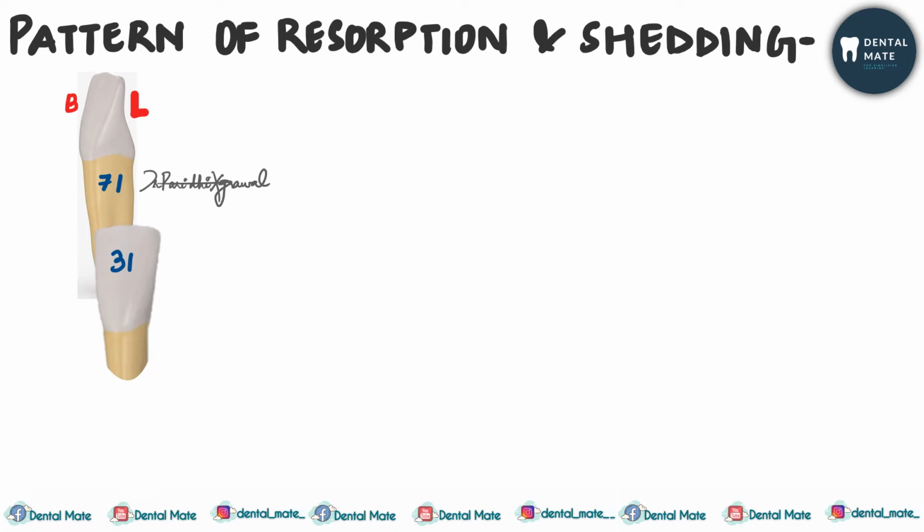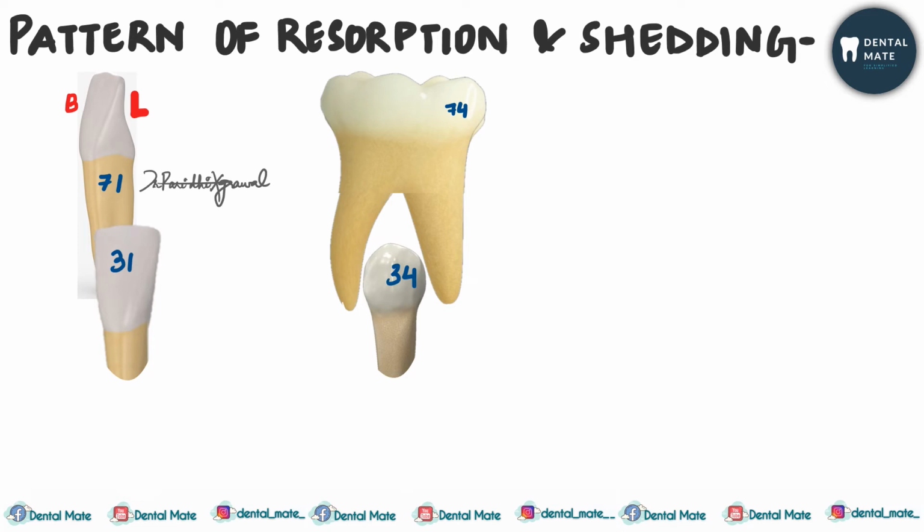So there are no predecessors for the permanent molars. Now if we continue talking about the developmental position of the premolars, these are first located between the roots of the deciduous molars. Later they also occupy an apical position.